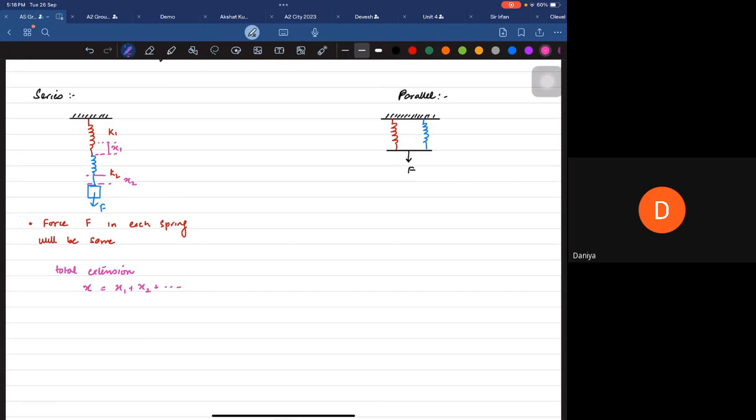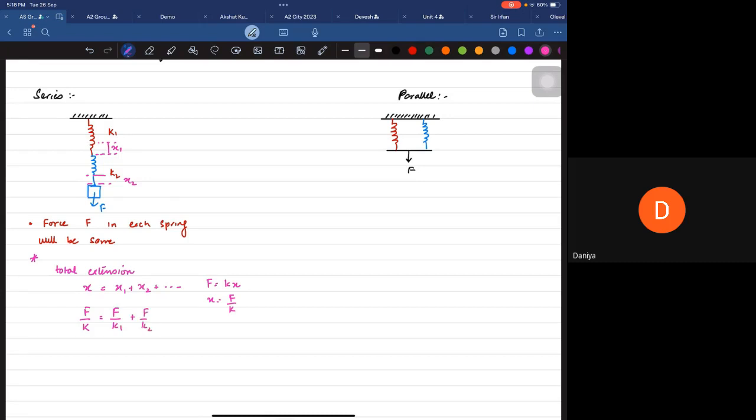Now this derivation that I'm going to do is required by the examiner, so you guys need to remember this. F is equal to kx, so x will be equal to F upon k. So here we can substitute F over k equals F over k1 plus F over k2.